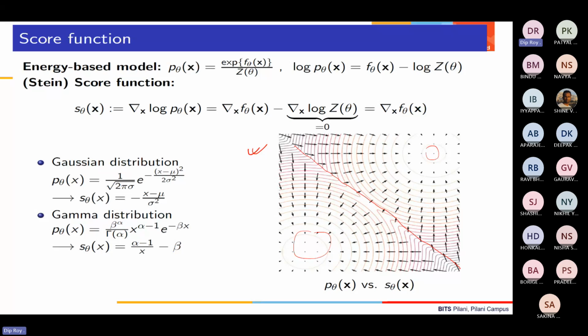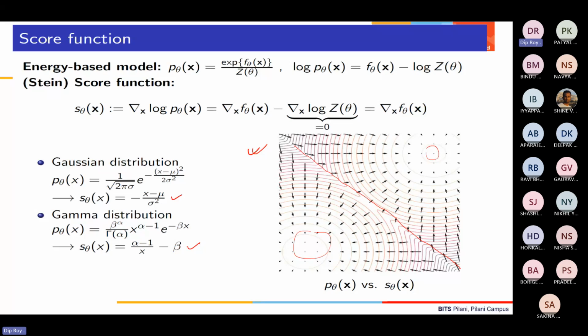You can see that these are the forms of score matching. Your s theta x provides an alternative view, essentially, where we are looking at things from the perspective of the gradient instead of the perspective of the likelihood. That's the key story.